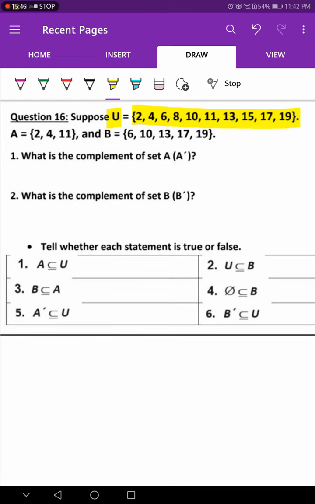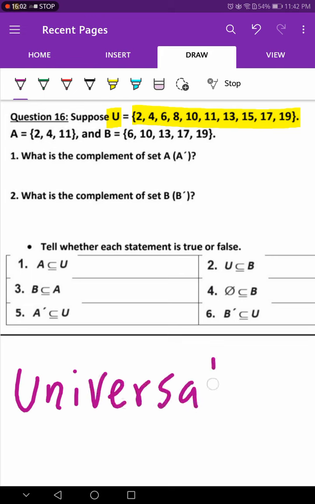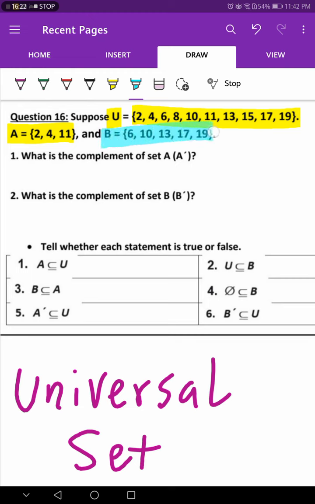This is the universal set, the biggest set. And I have two subsets, or two small sets. The first one is A, it has 2, 4, and 11, and B has 6, 10, 13, 17, and 19.